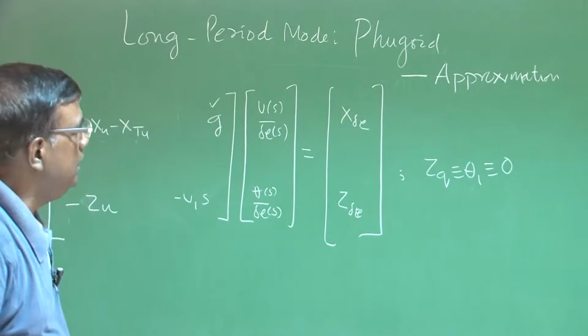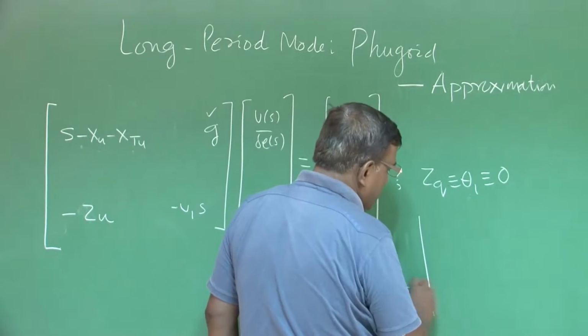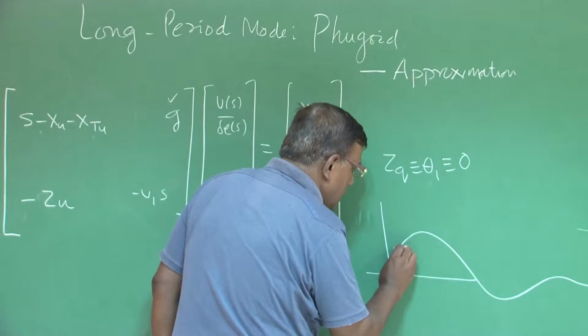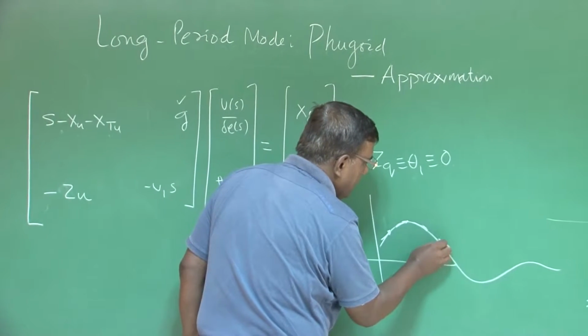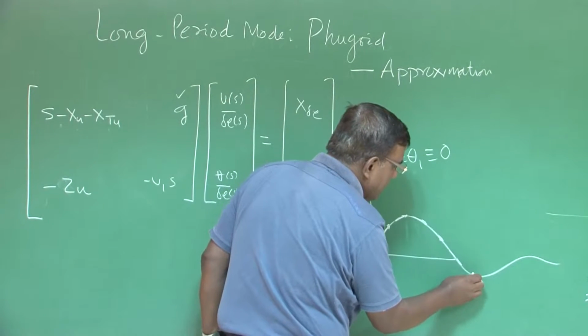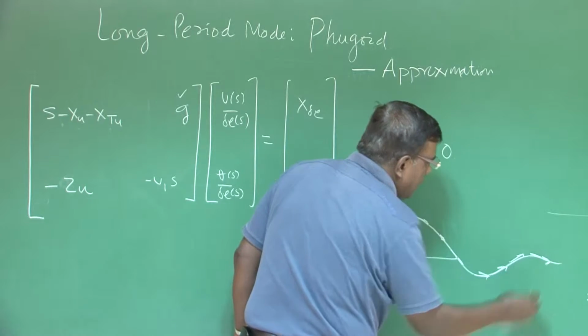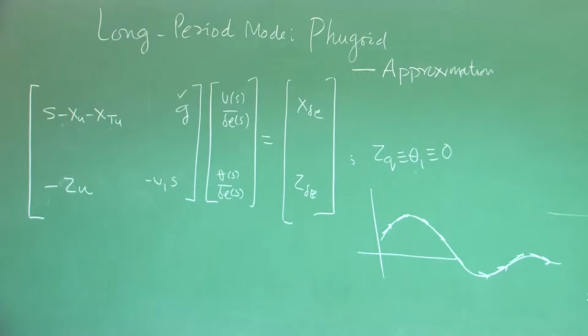Let me repeat again. When I am talking about phugoid, what I am assuming? I am assuming if this is the phugoid, airplane is actually through approximation, right? This may not be very accurate. It's going like this. At each point, alpha remaining constant or the perturbed alpha is 0.